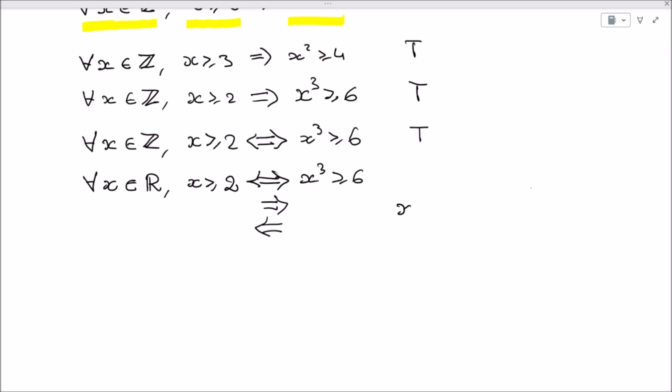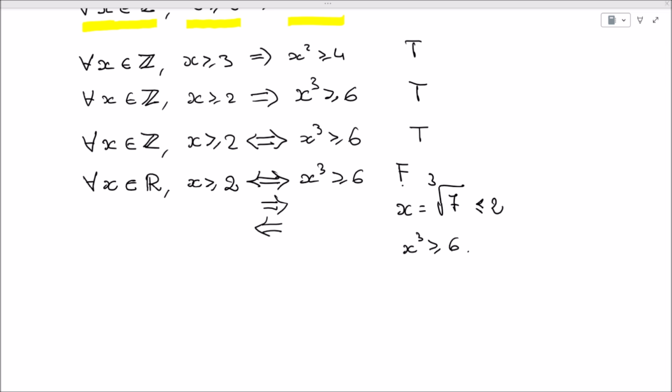For example, x equal to the cube root of 7. So if we look at this, this is a number that is on the left, basically, of 2, and still we have that x to the cube is larger than or equal to 6. So clearly this is a false implication.